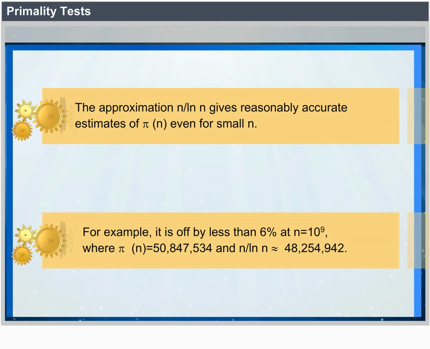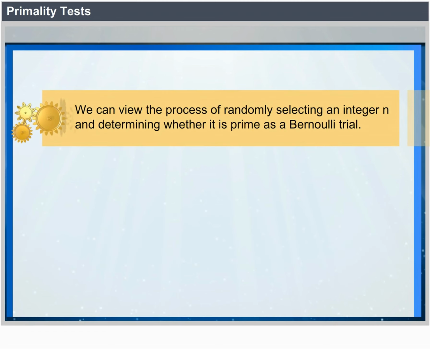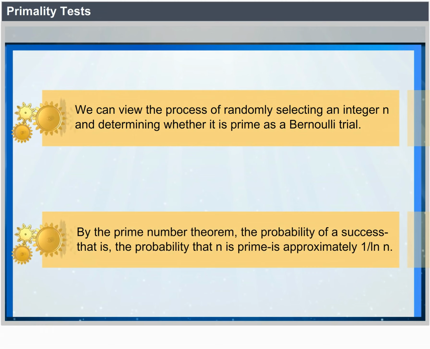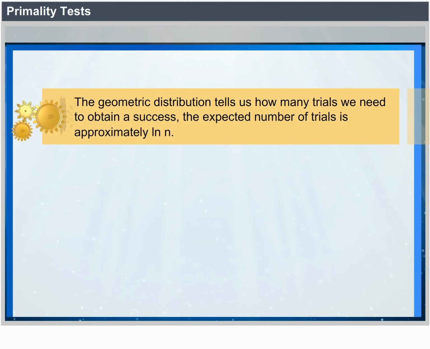We can view the process of randomly selecting an integer n and determining whether it is prime as a Bernoulli trial. By the prime number theorem, the probability of success, that is, the probability that n is prime, is approximately 1/ln n. The geometric distribution tells us how many trials we need to obtain a success. The expected number of trials is approximately ln n.